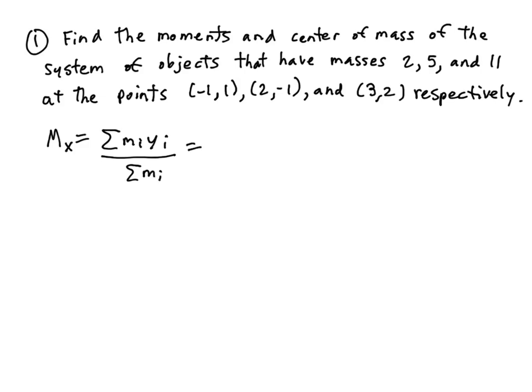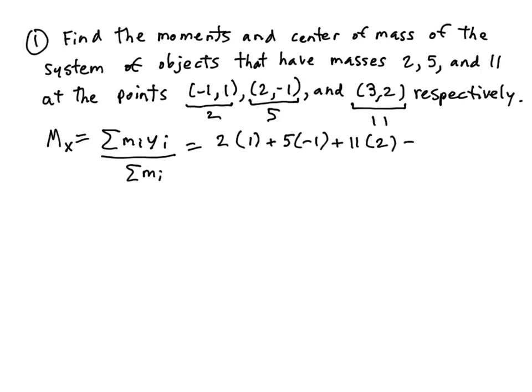So what's this going to equal? Well, this guy has mass 2, this guy has mass 5, and this guy has mass 11. So it's going to be 2 times 1 plus 5 times -1 plus 11 times 2.